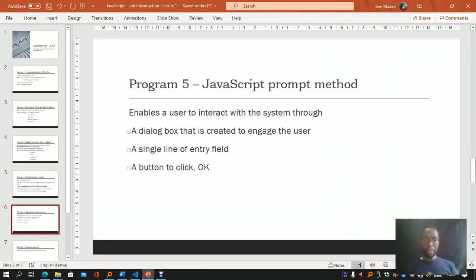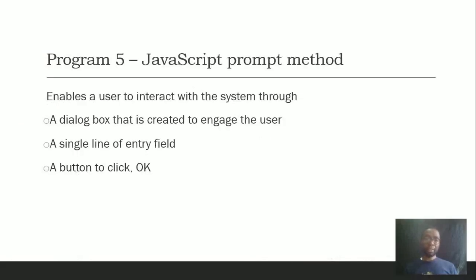The prompt is a very important method too, that is very interactive. It enables the user to interact with the system through a dialog box, just like the alert, and in this case it's used to engage the user, meaning now you are given the opportunity to enter some information. That's why they say there is a single line entry field provided for the user, and thereafter a button also is given to the user to click.